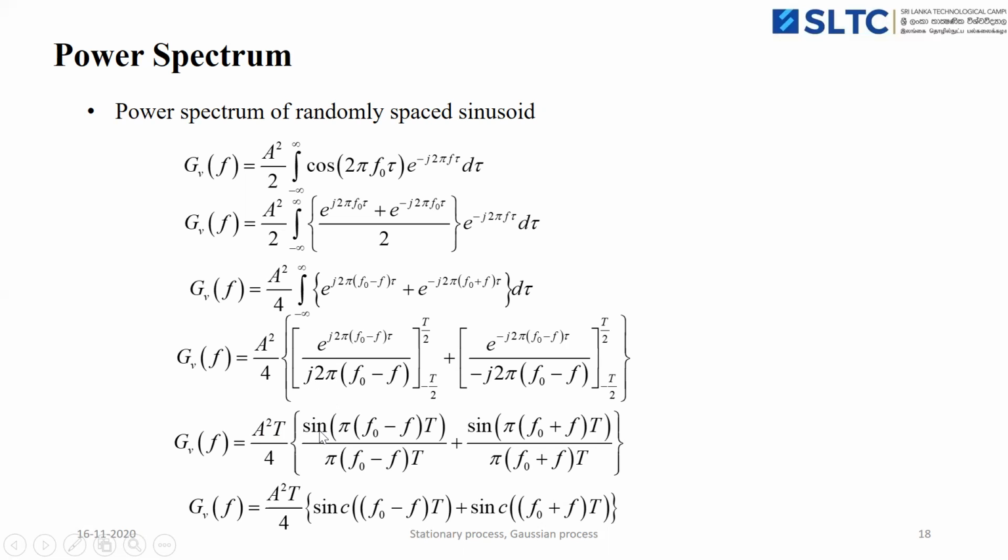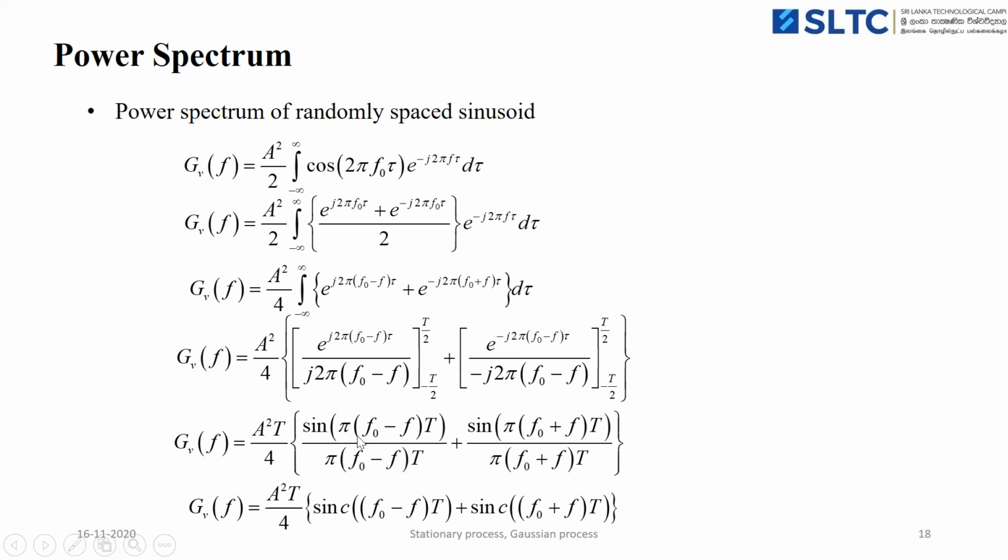So after substituting the upper and lower limits, it becomes sin of pi (f naught minus f) T divided by pi (f naught minus f) T, with f naught and f only.